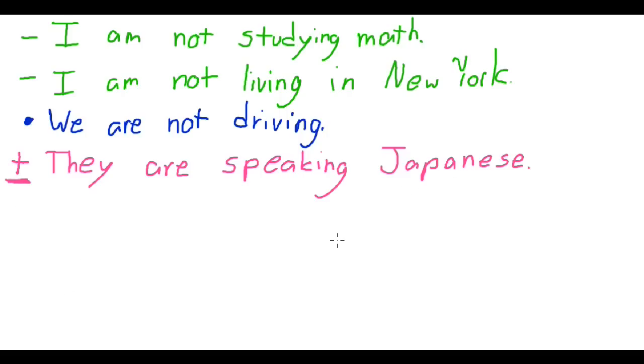They are speaking Japanese. But how do I say that in the negative? Okay, remember the negative isn't that much different. The negative, we just want to add not, correct? And where do we add not? Well, we add it, let's see, negative here. We add it after the verb to be. So if I say they are, and this here's where we add not.